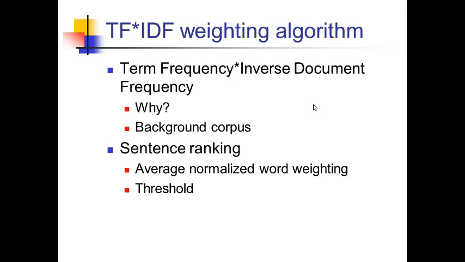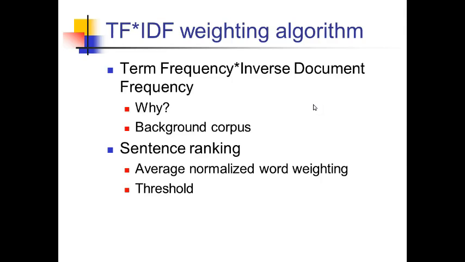With the TF times IDF weighting of all the words, we can calculate the ranks of all the sentences. The sentence ranking is just the average normalized word weighting of all the words in the sentence. However, in this interview question extraction task, we have to predefine a threshold, and the sentences which have rankings above the threshold will be extracted.